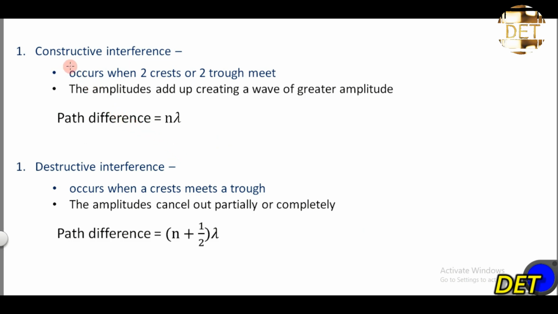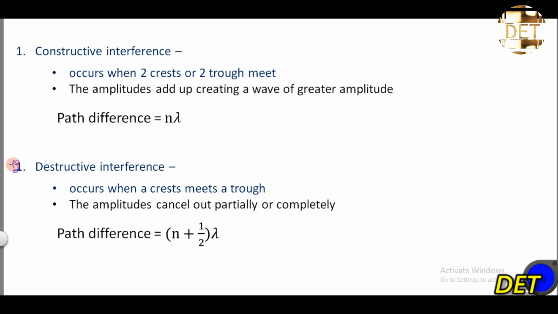So again, a constructive interference is a form of interference that occurs when two crests or two troughs meet. And we've looked at that before. That will make the amplitude add up, resulting in a wave of greater amplitude. So the path difference is n lambda.